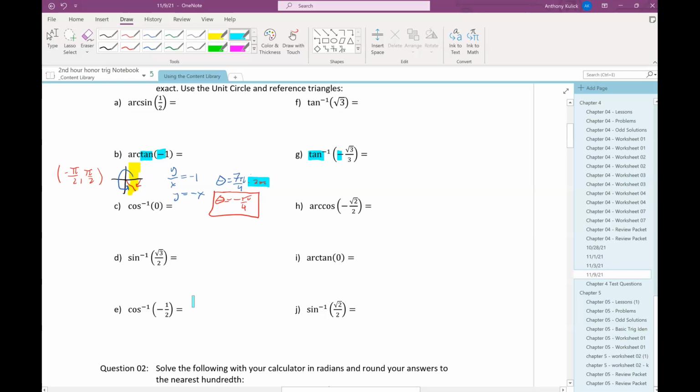I guess there are no sine negatives on here. The rest of them I won't have to subtract 2 pi, because they are either in quadrant 1 or involve cosine. The range for cosine inverse doesn't have any negative angle measures, so you just read it right from the unit circle.